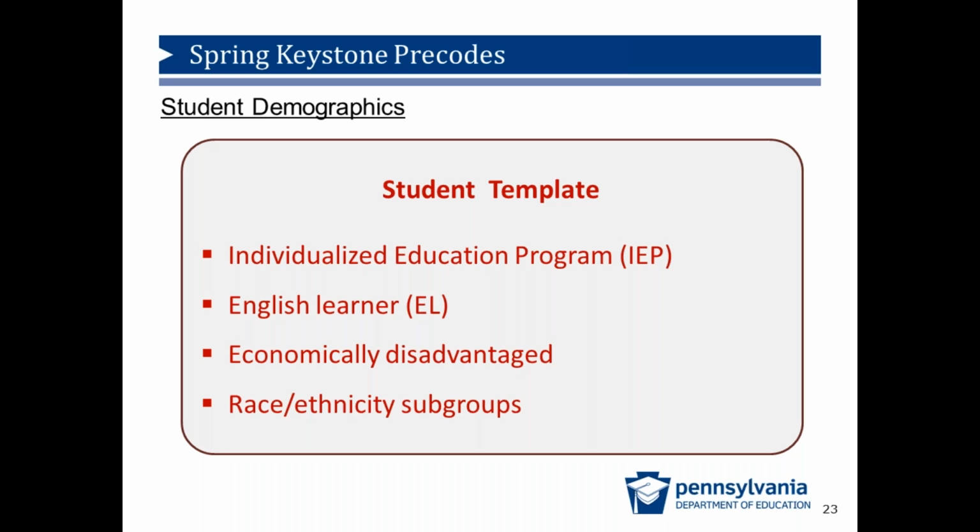The first three are used in the SPP to report the historically underperforming subgroup, or HUS. HUS are an unduplicated count of students who have IEPs, are ELs, or who are economically disadvantaged. We use race and ethnicity as subgroups for federal reporting.